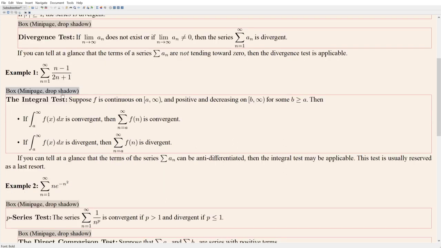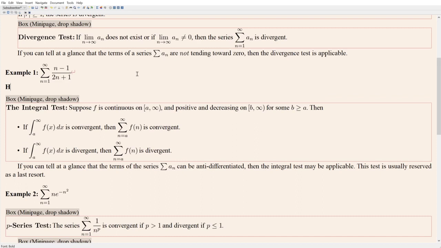So in this example, you can clearly see that the limit as n goes to infinity of this term is going to be 1/2, because the degree on the top is 1, the degree on the bottom is 1, so the limit is the ratio of the leading terms.